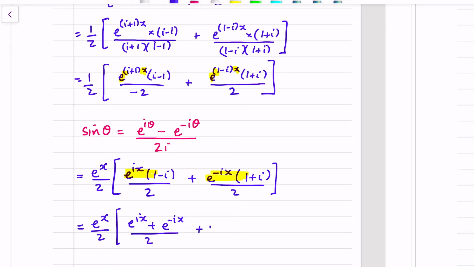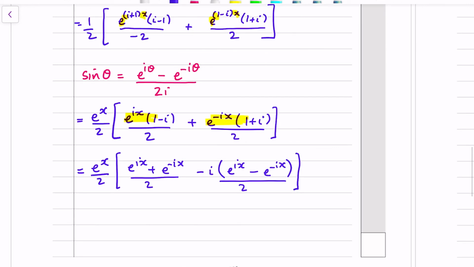Actually, a common factor of minus i will work better for us. If I pull minus i out of it, it's got e to the ix minus e to the negative ix, all over 2.